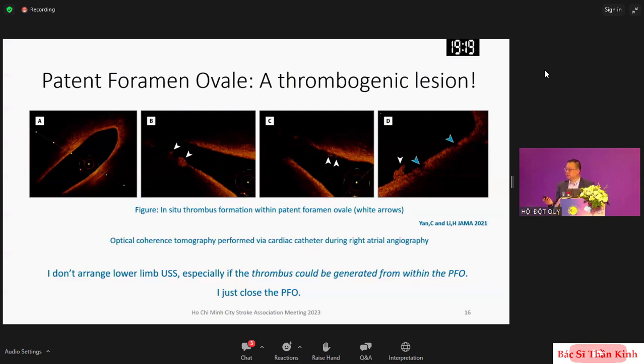So that's a very interesting idea and might suggest why, if we do look at the lower limbs with ultrasound, we often don't find a DVT. For me, I don't do the ultrasound, I just arrange the closure of the patent foramen ovale.